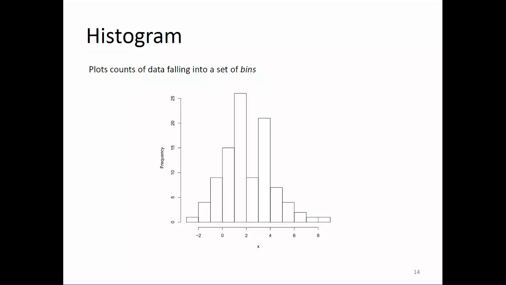That can be changed, but you basically divide it into boxes somehow, and then you count how many of your data points fall in each of those boxes. And then you draw a vertical line that either counts the total number, or sometimes you normalize this to just be a proportion of the total number. All right? And this again gives you an idea of the distribution of the data.